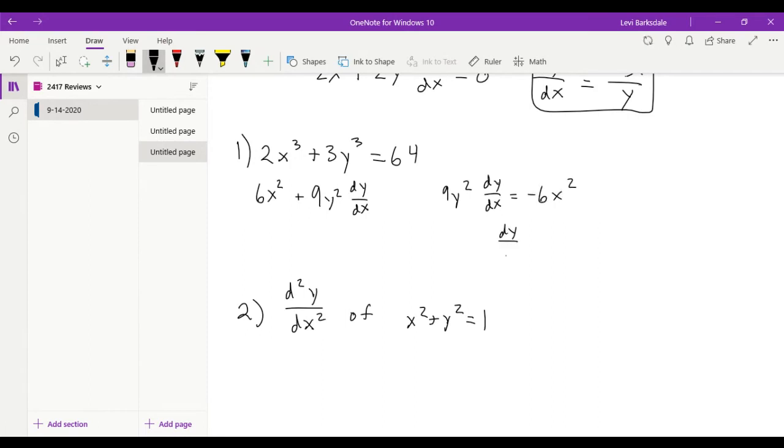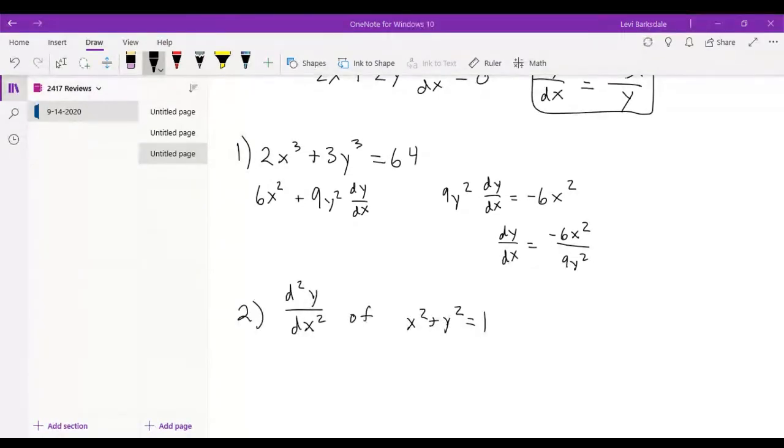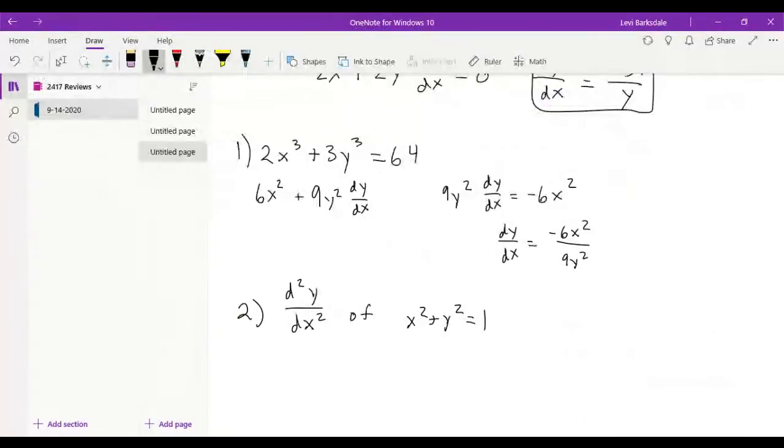So then dy over dx is minus 6x squared over 9y squared, which is correct. That's what you got. If we wanted to simplify it, we could just a bit, to minus 2x squared over 3y squared.